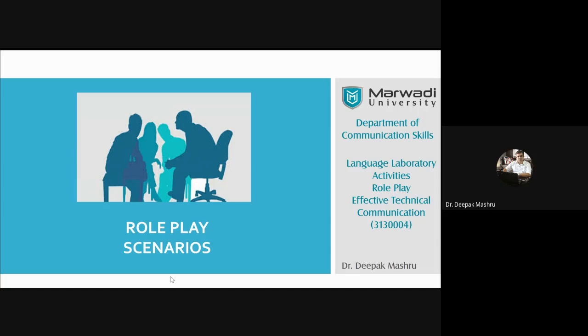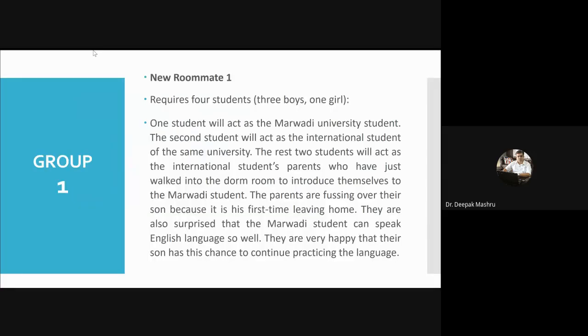Scenario, right? Okay. So there are four students required for this. Scenario number one is one student will act as a Marwadi University student. The second student will act as an international student of the same university. The rest two students will act as the international student's parents who have just walked into the dorm room to introduce themselves to the Marwadi student. The parents are fizzing over their son because this is his first time leaving home.